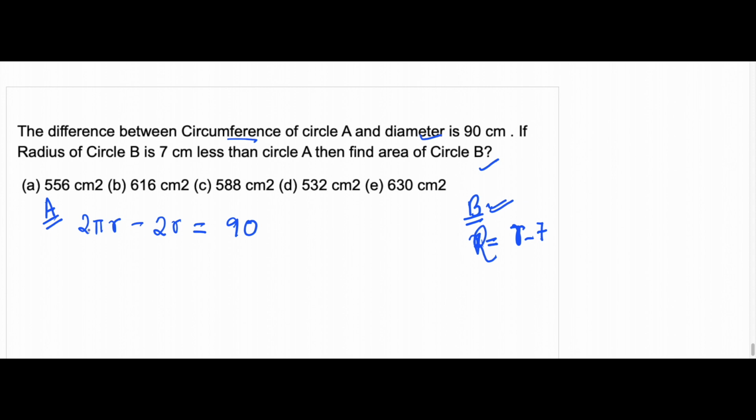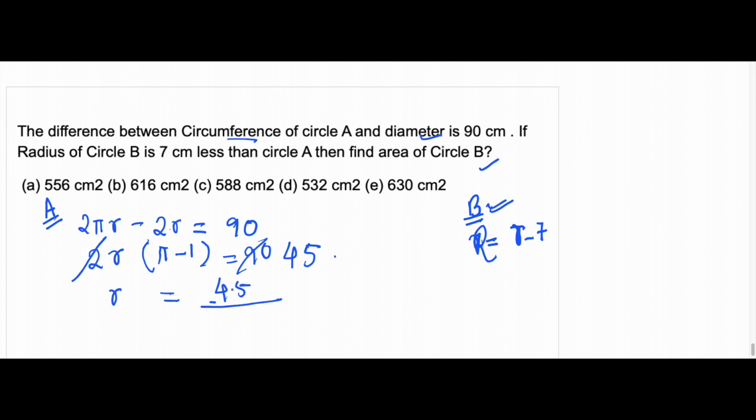So you need to find out the area of circle B. Fine. So let's take 2r common. If we take 2r common, then pi minus 1 is equal to 90. Now let's cancel out 45. So r equals 45 by pi minus 1.